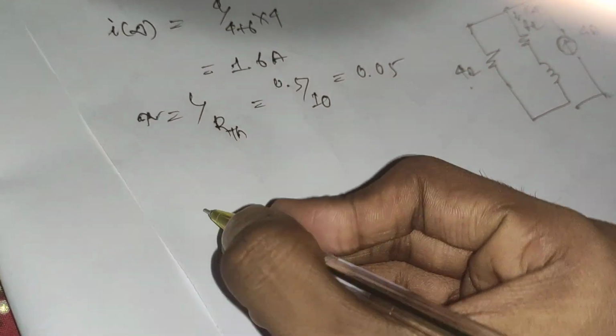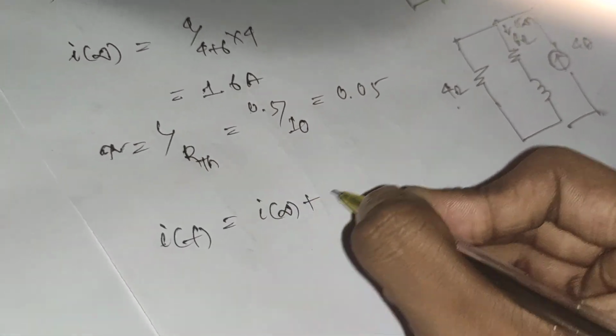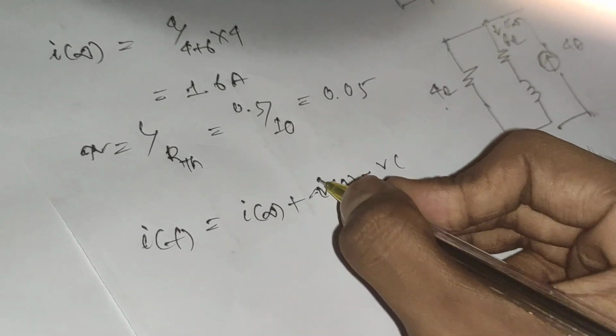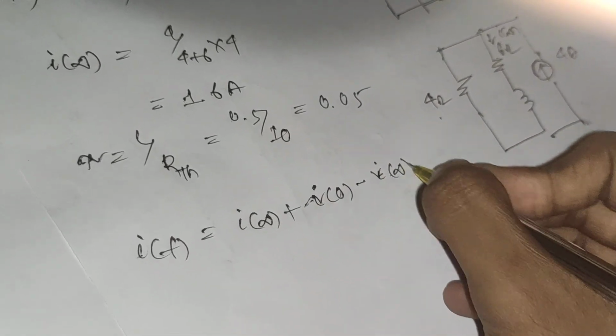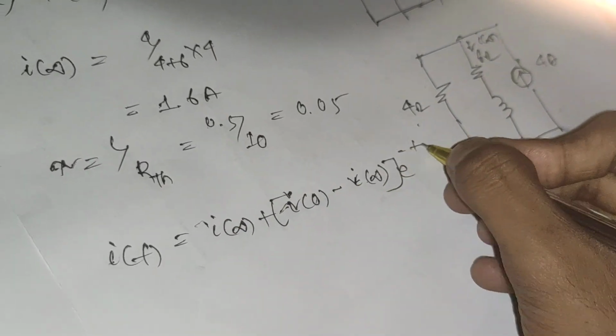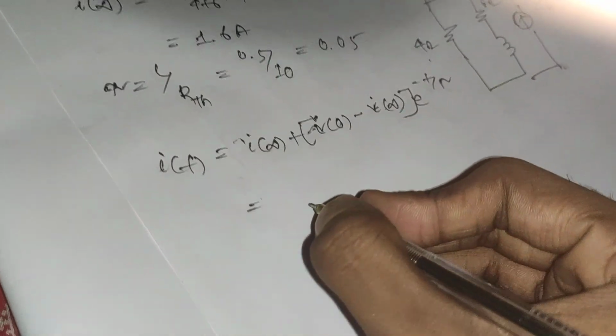Now calculate the equation i(t). i(t) equals I infinity plus (I0 minus I infinity) e to the power minus t by tau, right? So I infinity equals 1.6, I0 equals 2.